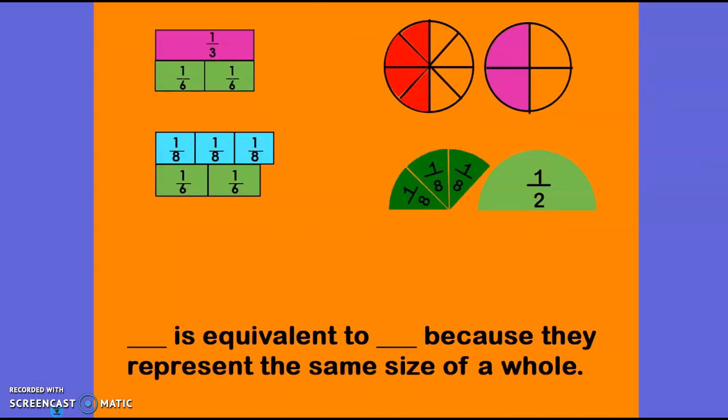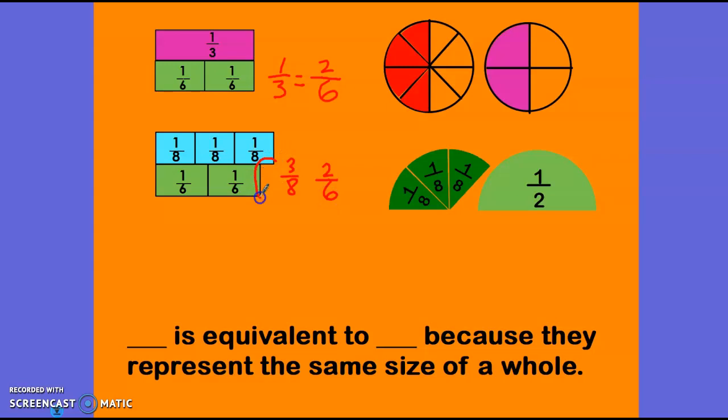Here are some examples. In this picture, you have 1/3 and 2/6. 1/3 and 2/6. Because their size is exactly the same, we say they are equivalent. In this picture, we have 3/8 and 2/6.